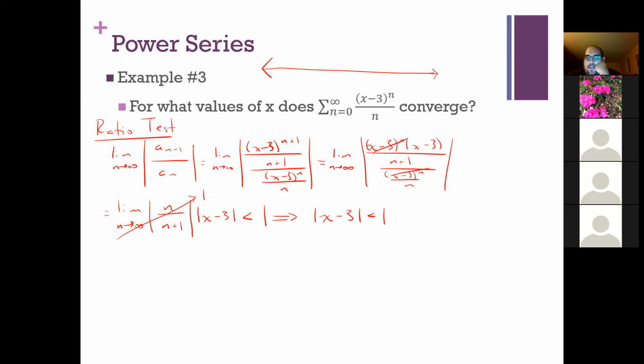So I have the absolute value of x minus 3, which basically means I am comparing the distance from x to 3. And I want that distance to be less than 1. So basically my furthest points out are going to be, so 2 is 1 away from 3, but also so is 4.